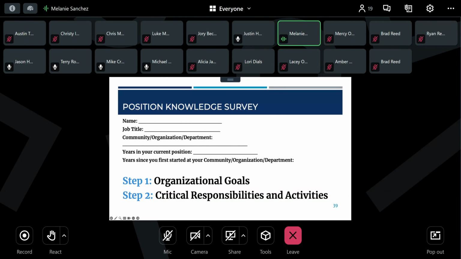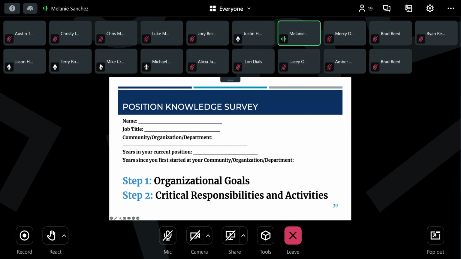The primary goal of a position knowledge survey is to comprehensively capture the essential information and requirements associated with a particular role within the organization. So we are going to document job requirements, assess competencies, clarify expectations, and talk about what kinds of training and development will come from this and what they've already done and completed.